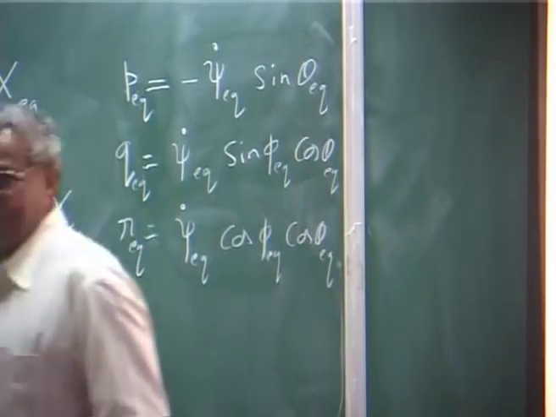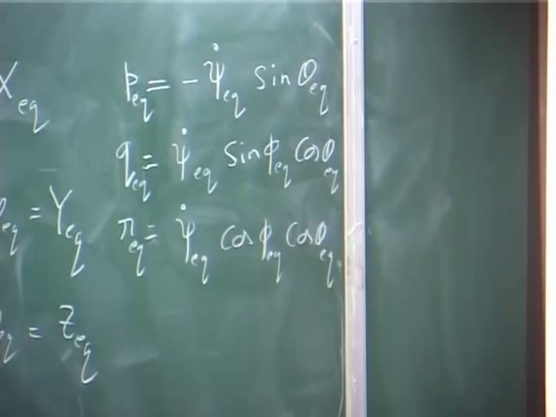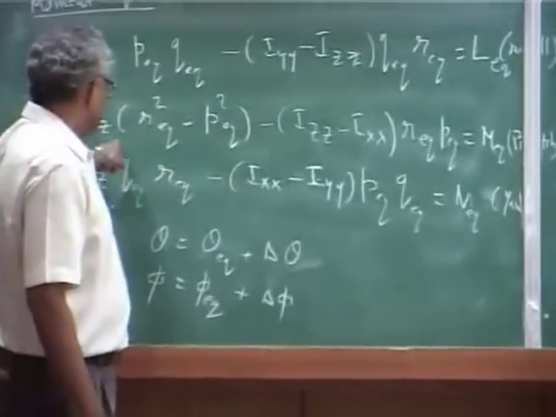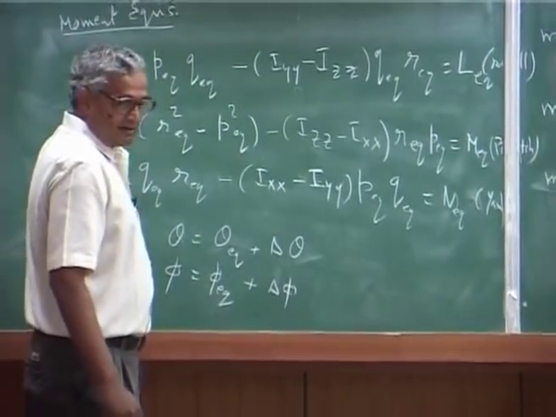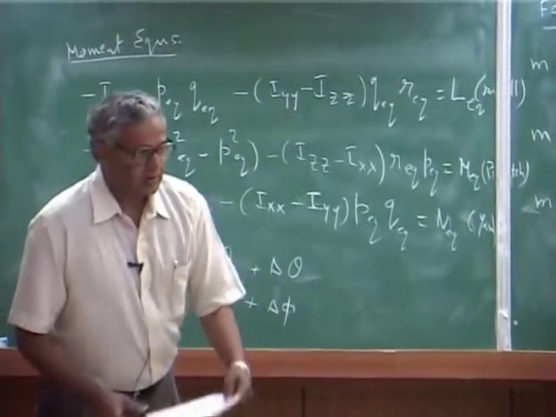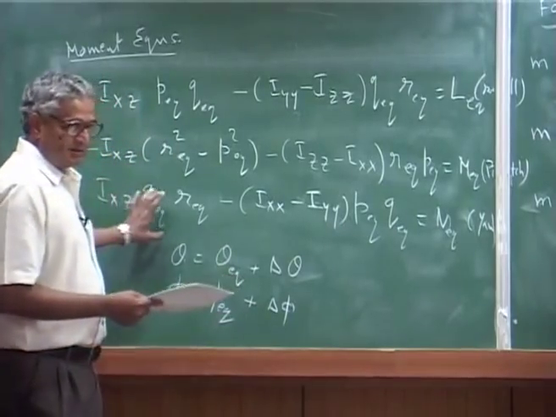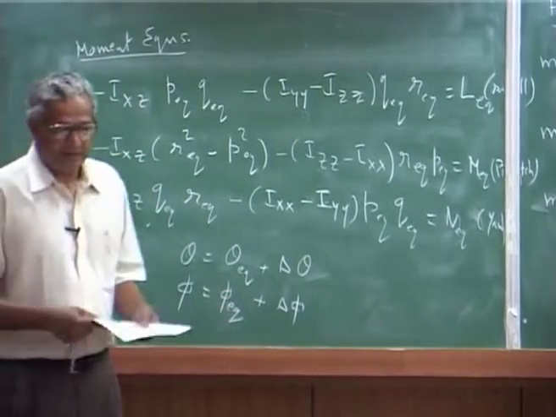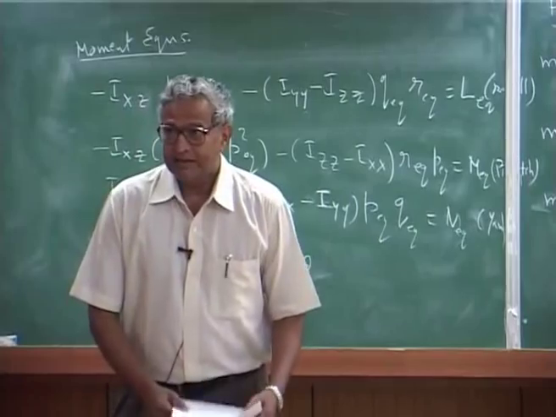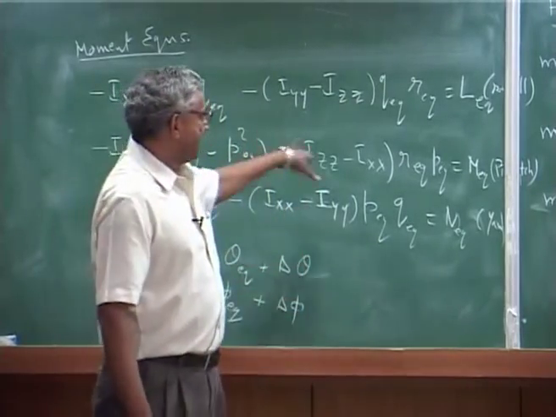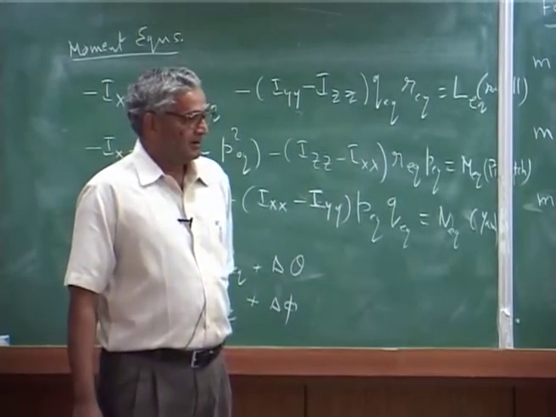Now you see this is my full equation, 9 equations. Here, here, here, no, this is Ixz, no minus sign. Now you see these 9 equations you have to solve.